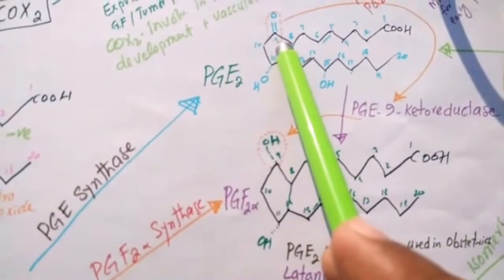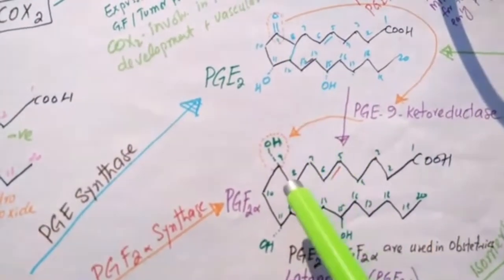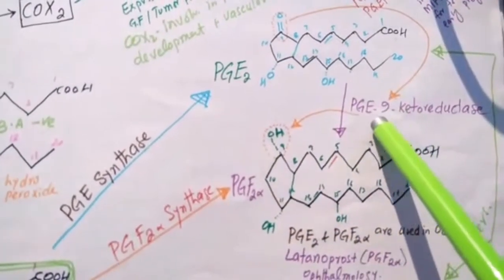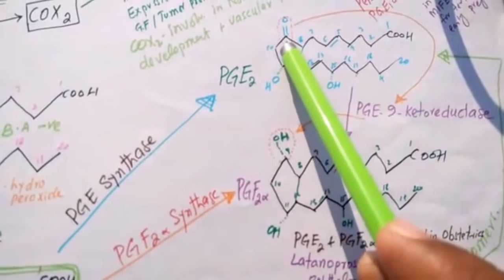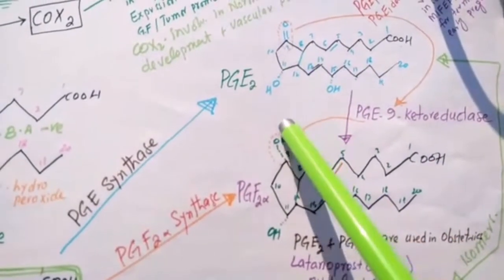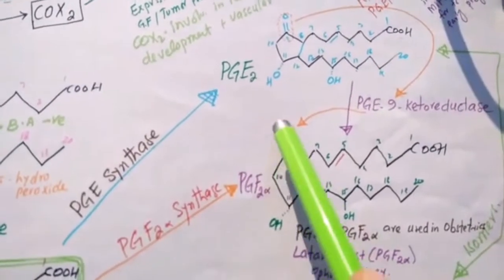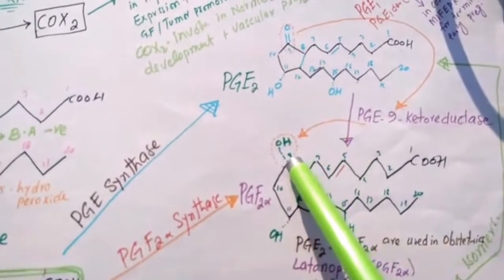This is position number 9. This is the keto form. This is position number 9, and this is the hydroxyl form. Due to this enzyme, position number 9 is reduced into hydroxyl. This keto form is reduced into hydroxyl.